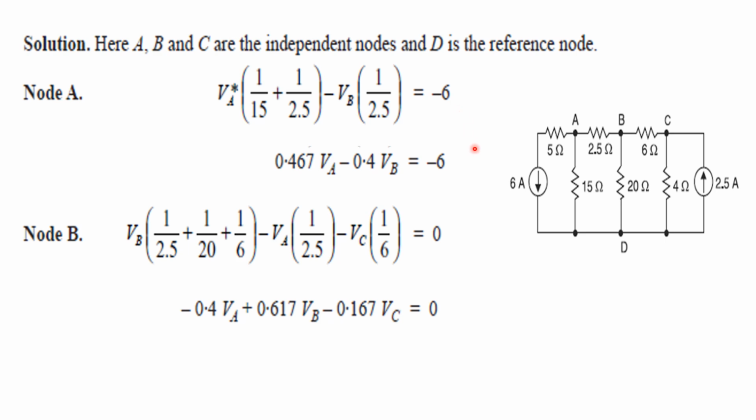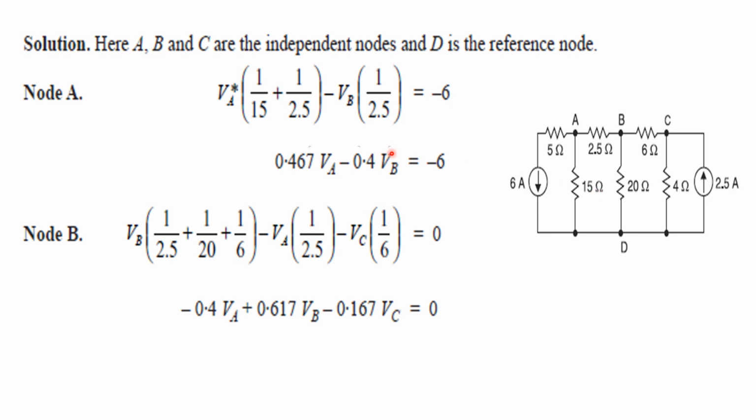The incoming currents come from the voltage at point A and the voltage at point B, so the current through the 2.5 ohm resistor is VA minus VB divided by 2.5, and VA divided by 15 ohm.